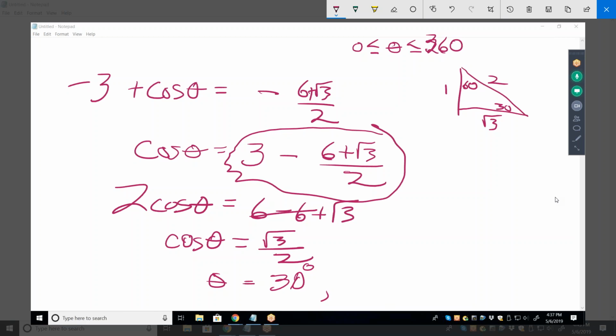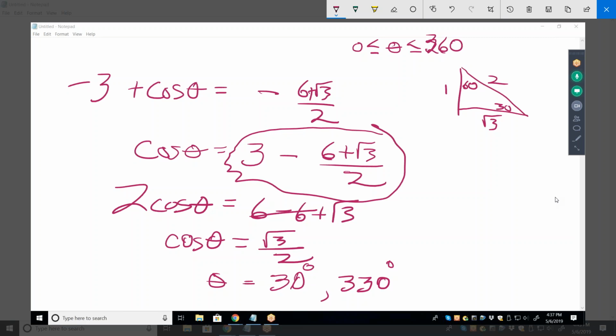What do you get? 330. That is the fourth quadrant angle. Not a good example for what I was going to mention. So there's your two answers.